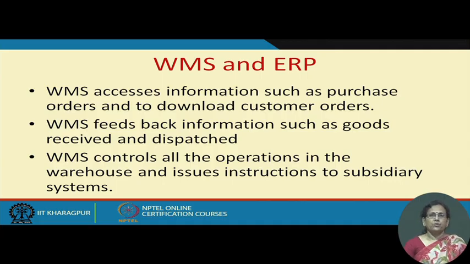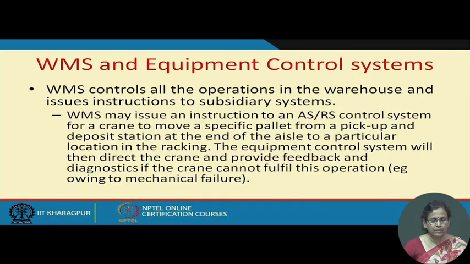Now, when it comes to the data flow between WMS and ERP, WMS accesses information such as purchase orders and downloads the customer order. Then WMS feeds back information such as goods received and dispatched. Then WMS controls all the operations in the warehouse and issues instructions to subsidiary systems based on the data available from ERP.